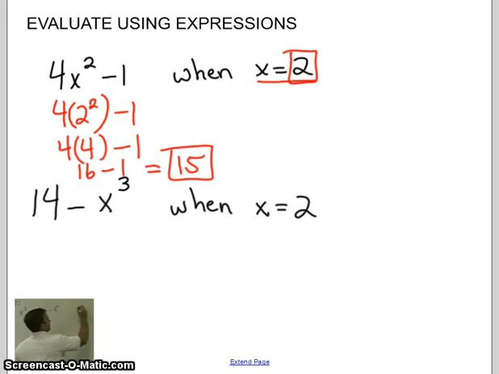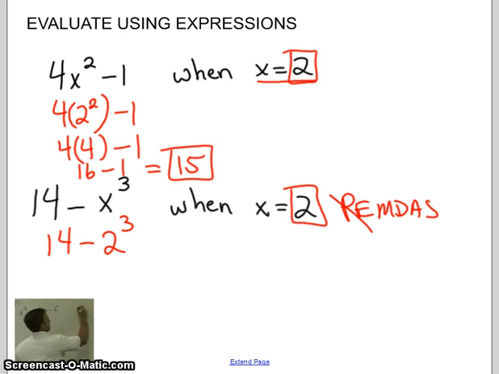Okay, the next one, 14 minus x to the third power. And again, the value for x is 2. So we're going to plug in 2 for x. And order of operations again. Do we have any parentheses? No. Exponents? Yes, we do. We have to evaluate those exponents. 2 to the third power, which means 2 times 2 times 2.